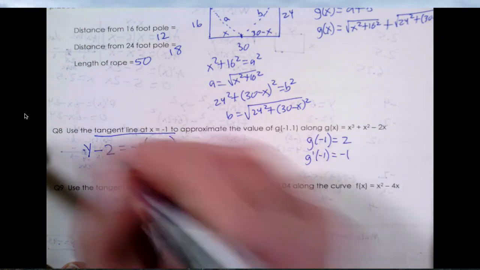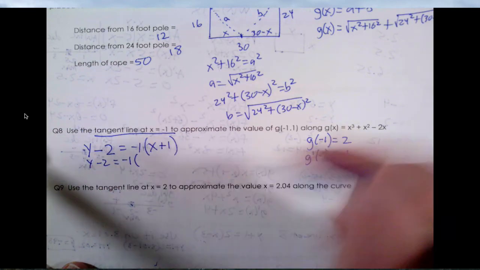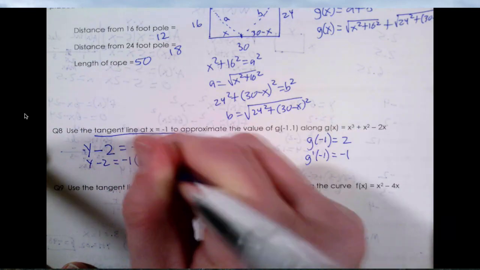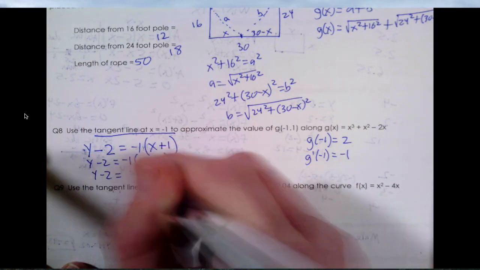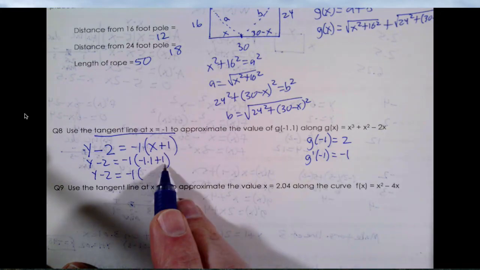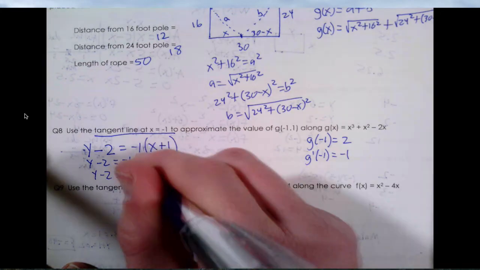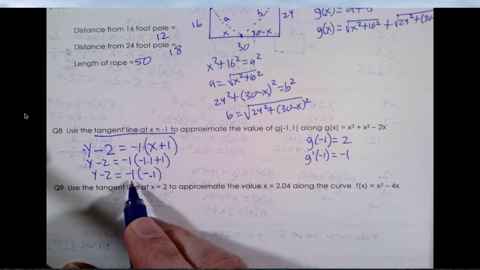Okay, so I'm going to plug that in. So y minus 2 equals -1 times -1.1 plus 1. Okay, y minus 2 equals -1 times that. All right, and essentially I have -1.1 plus 1, which is -0.1. Multiplying that by -1 is going to give positive 0.1.